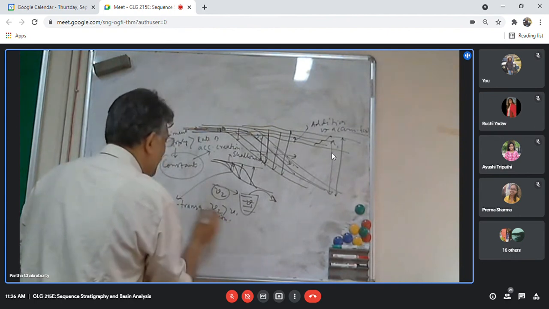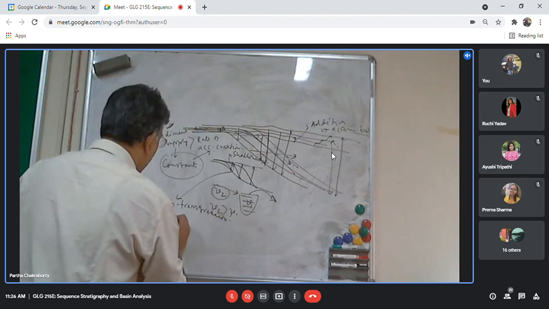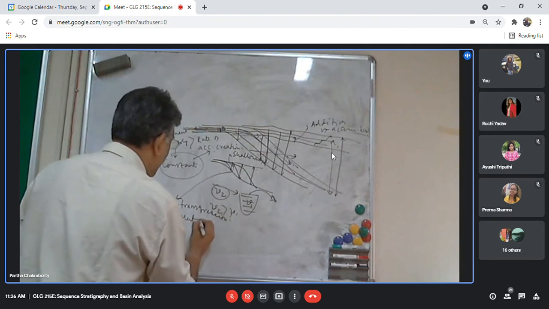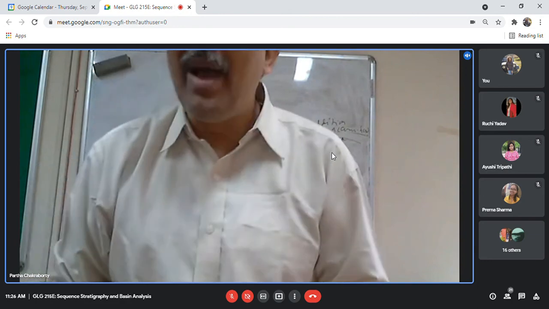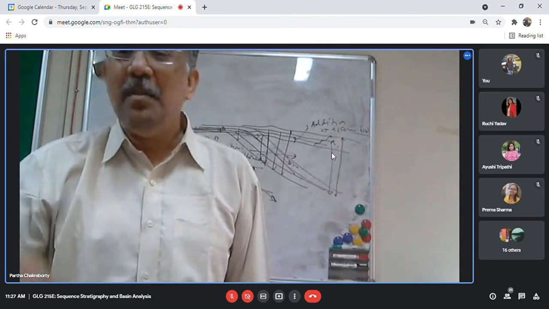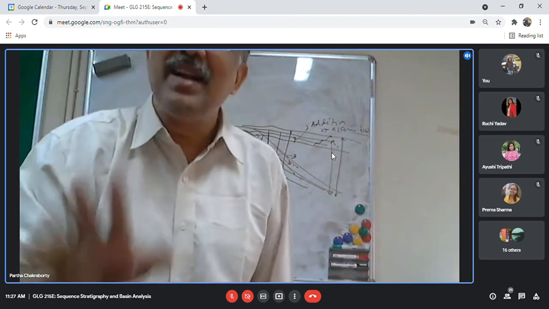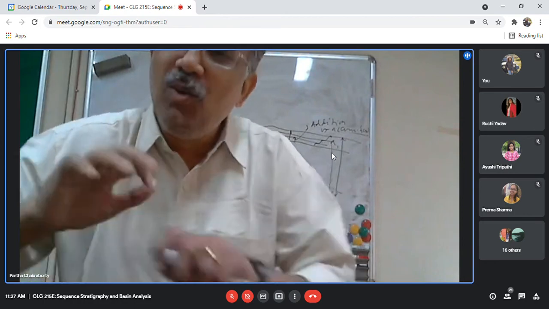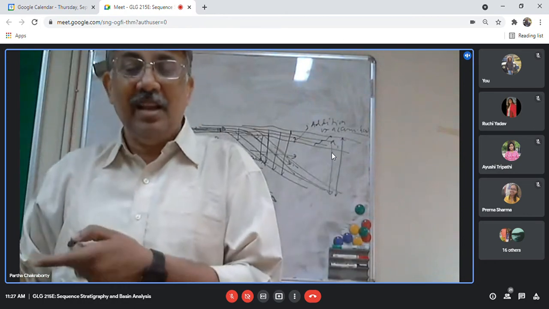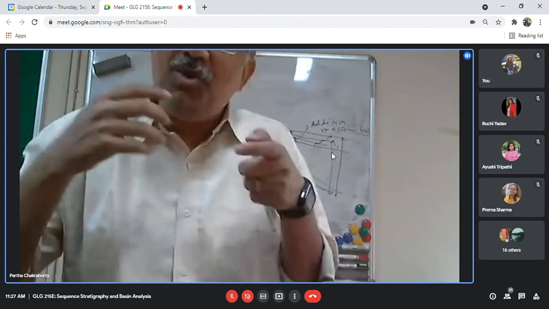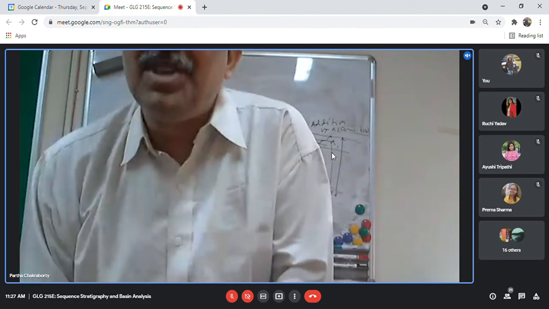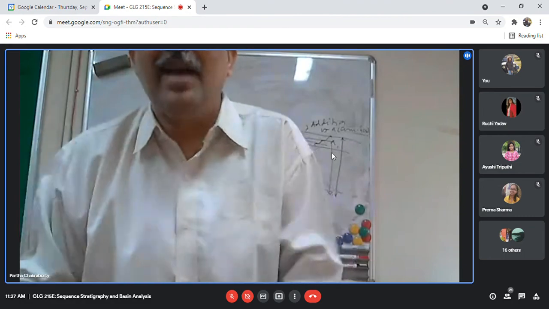This term has been coined by the Japanese worker Muto. He referred to this as auto transgression, where there is really no transgression. Base level has not yet started rising at a fast rate, but you are getting a transgressive signal because your supplied sediment is now struggling to fill the basin's physiographic available accommodation.